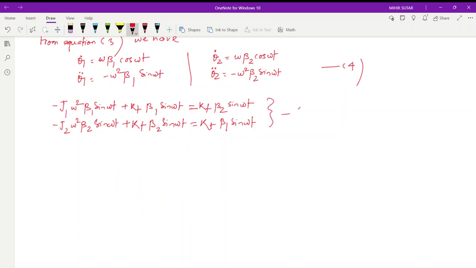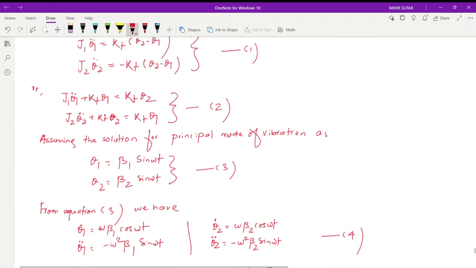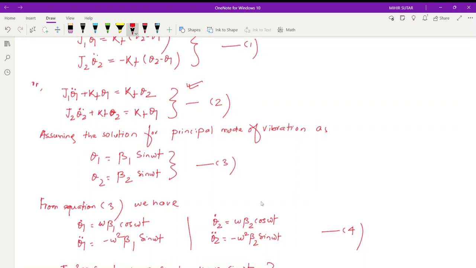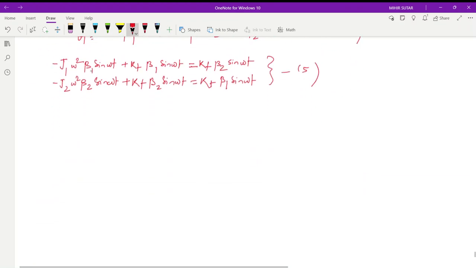So let's say this is equation 5. Equation 5 we obtained by substituting the value of theta, theta dot, theta double dot in equation 2, right?